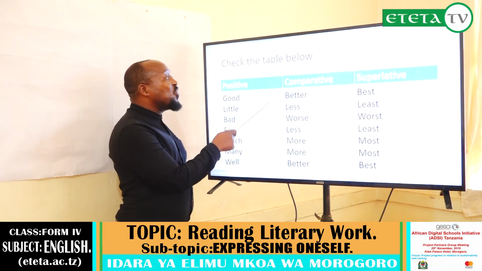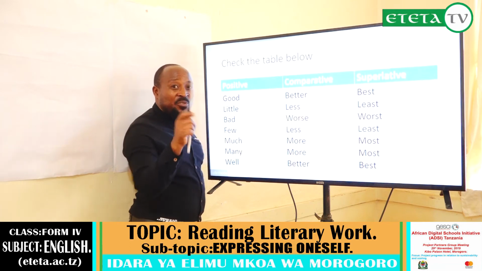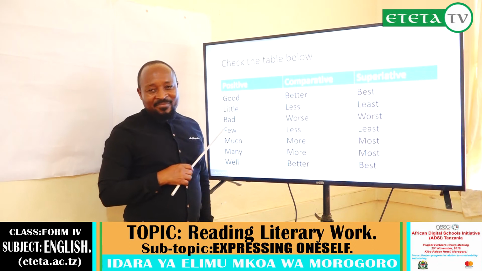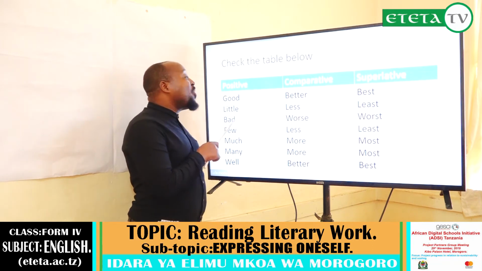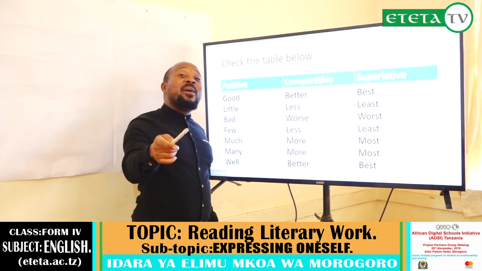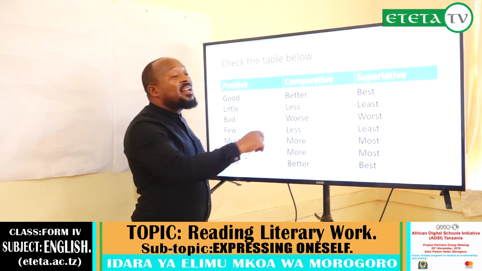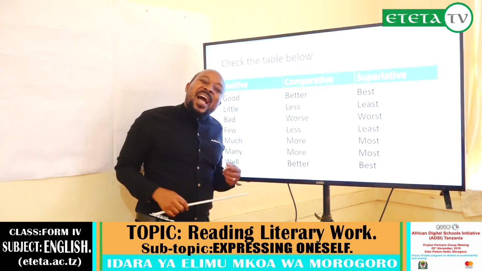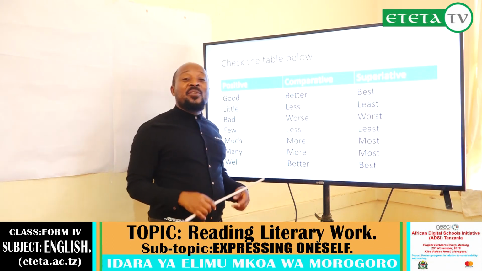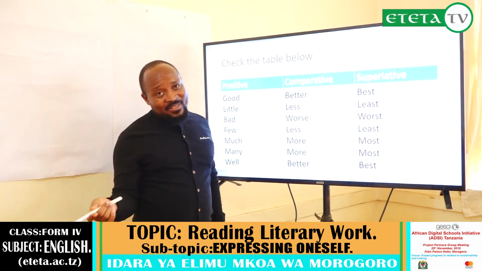We have good, but we don't have gooder and goodest. We don't have that one. After good, we have better and best. We have little, but we don't have littler and littlest; we have little, followed by less and least. We have bad, but we don't have badder, baddest. Instead, we have worse and worst.